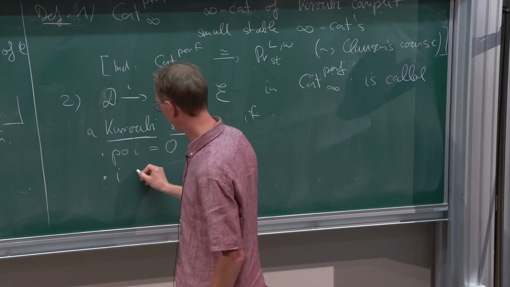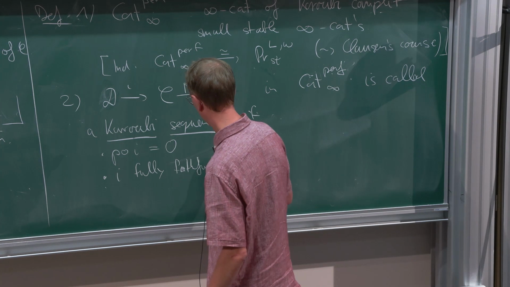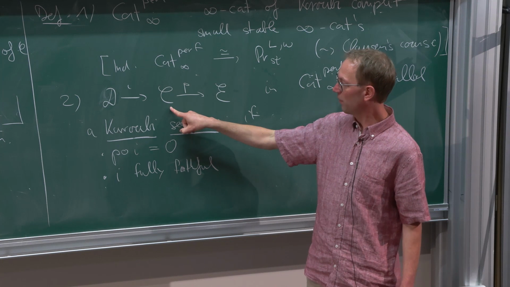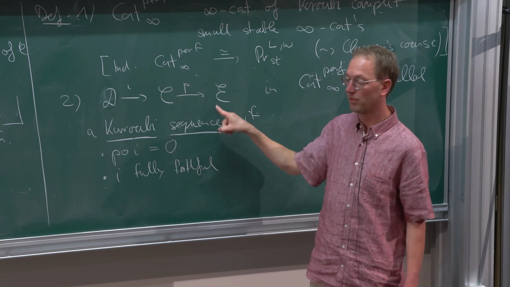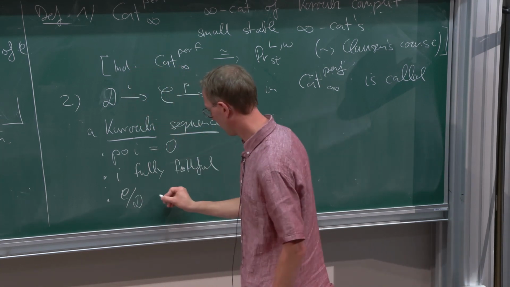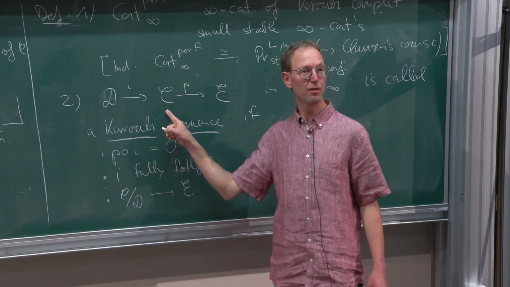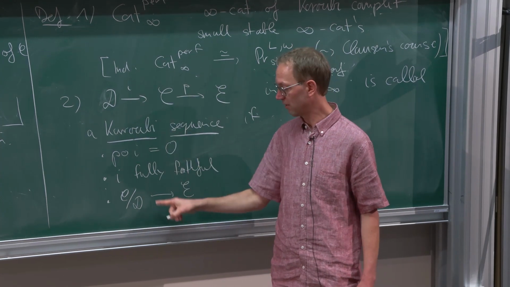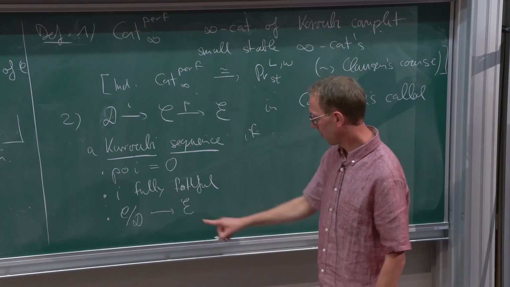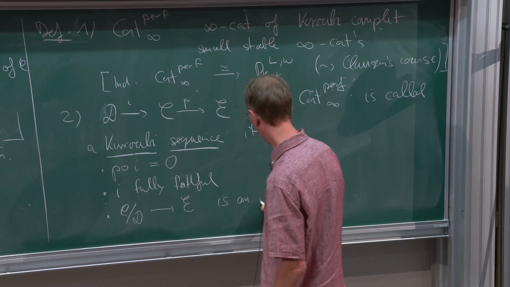Let me also say I is fully faithful, so you can really view D as a subcategory of C. And now you get an induced functor from the Verdier quotient C mod D to E here. In general, even if these were idempotent complete, this does not imply that the Verdier quotient is idempotent complete. Okay. So we want that this map here is an idempotent completion.